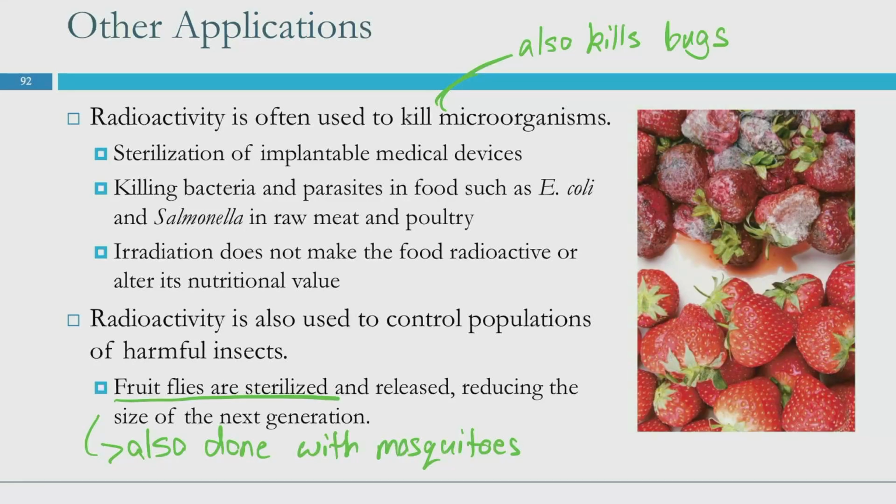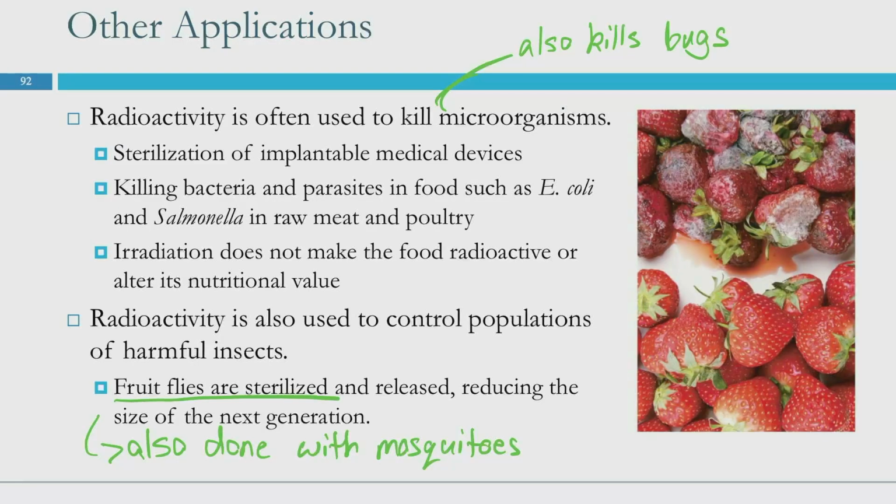You destroy their reproductive organs, or you kill their reproductive cells with a specifically targeted dose of radiation. So the point in sterilizing the fruit flies is that when they go on to try to reproduce, they can't. And so instead of producing another whole swarm of fruit flies, they're not doing that. It's just reducing the number of fruit flies that can be produced because there are now all these sterile fruit flies out there in the environment.